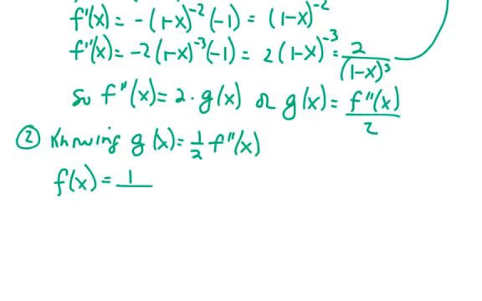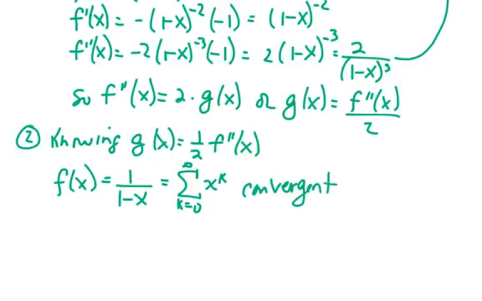So f of x is 1 over 1 minus x, and we know the series representation for the geometric. It's the sum from k equals 0 to infinity of x to the k, right? And that's convergent for x between negative 1 and 1.